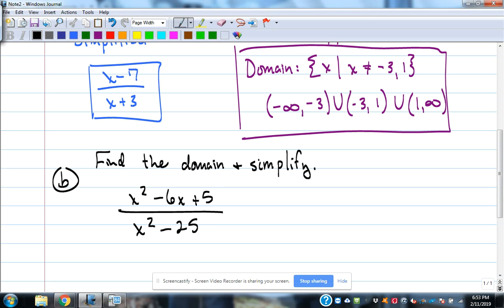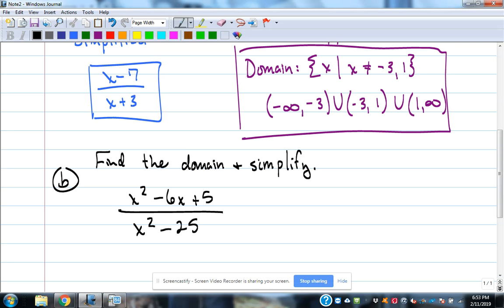We have a rational expression. This one is not factored for us. They asked us to find the domain and simplify. So the first thing we're going to do is find that domain before we simplify. If they wrote the directions in the other order and said simplify and state the domain, we still do the domain first. Domain has always got to be done first.